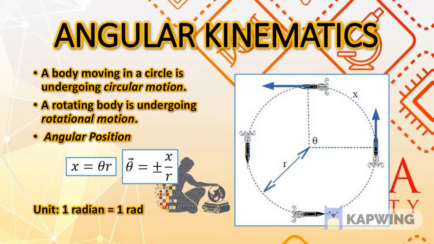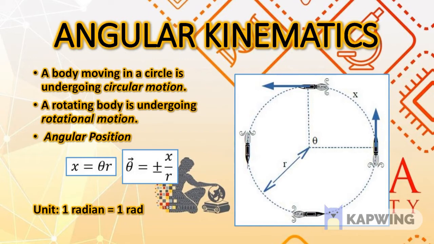So let's consider an object moving in a circle, going from one position to the other, from position 1 to position 2. The object travels arc length x, traversing an angle of theta.